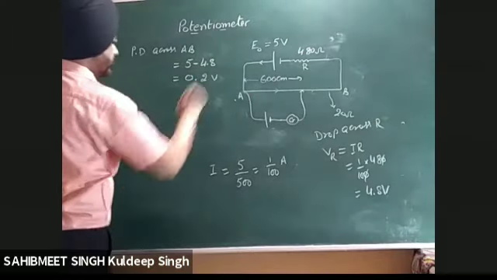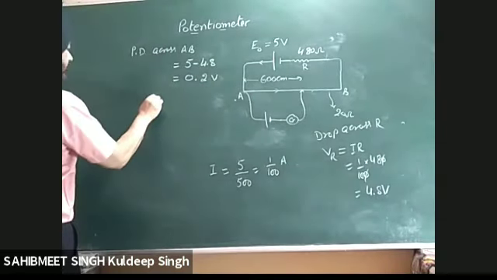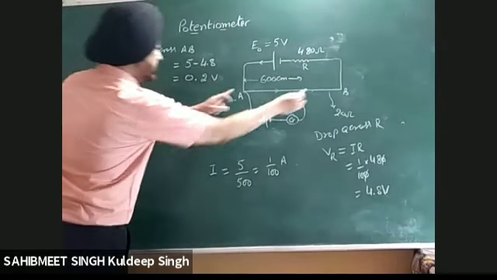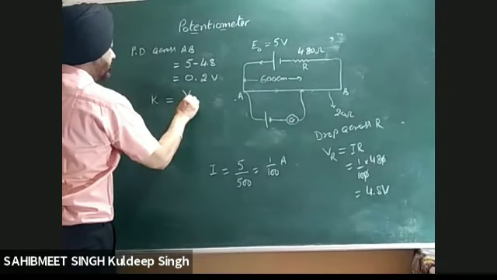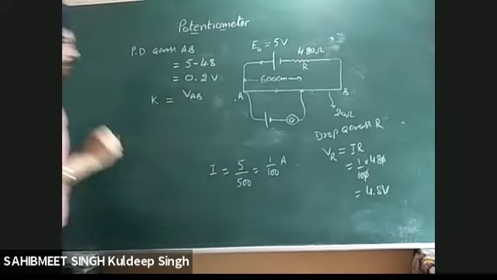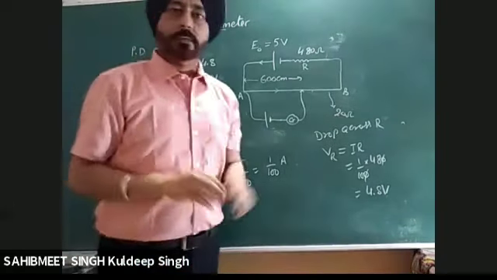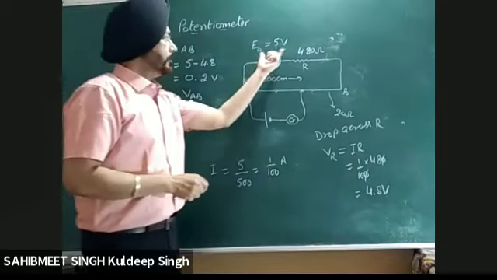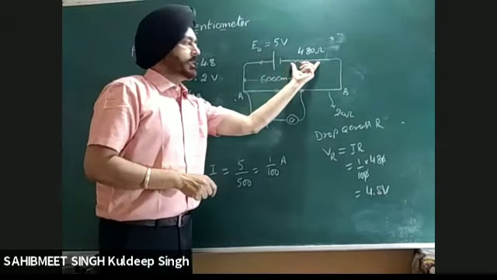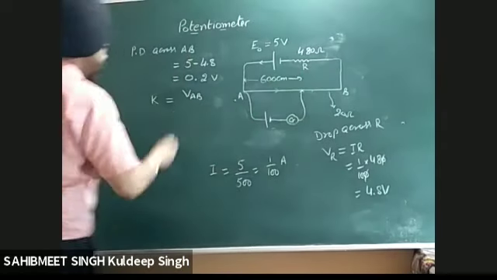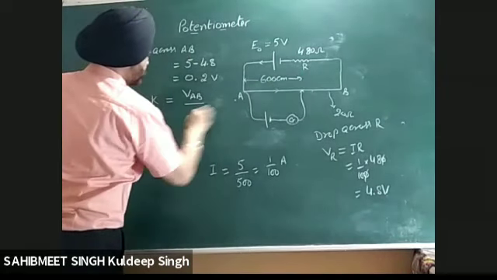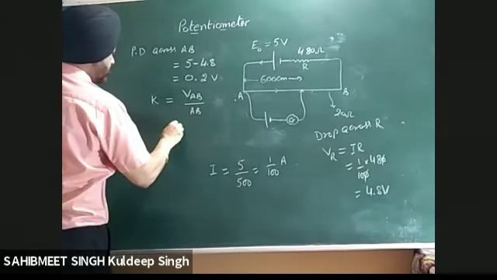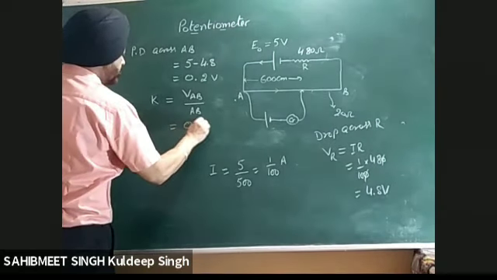Now come to this point. Now we will find out the potential gradient. Potential gradient is equal to potential across the wire. Always remember, when you find out the potential gradient, always find the potential across the wire, not this potential, as some resistance may be connected. Therefore, now divide by the total length AB. So this is equal to 0.2.